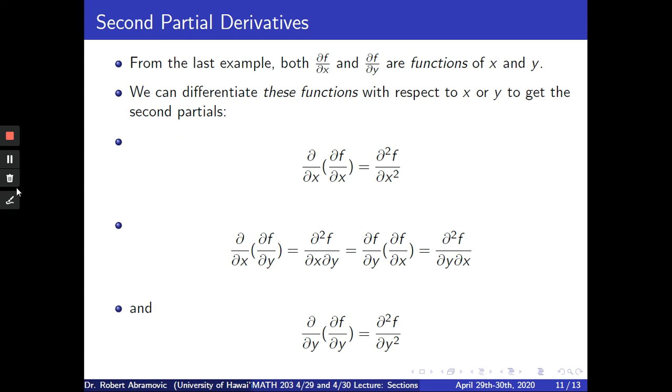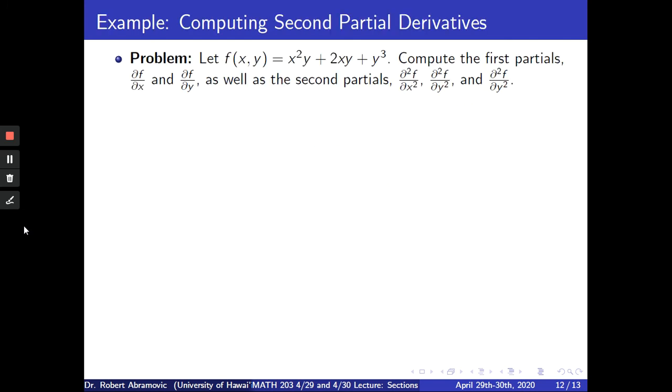And of course, if we differentiate first with respect to y, and then with respect to y again, we get d squared f over dy squared, second partial of f with respect to y. Let's see how this plays out in an example. The function is the same function we had previously, x squared y plus 2xy plus y cubed. We're going to compute the first partials, df dx and df dy, as well as the second partials, d squared f dx squared, d squared f dy squared, and d squared f.